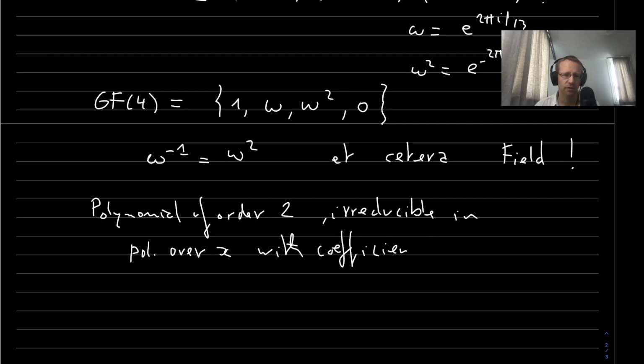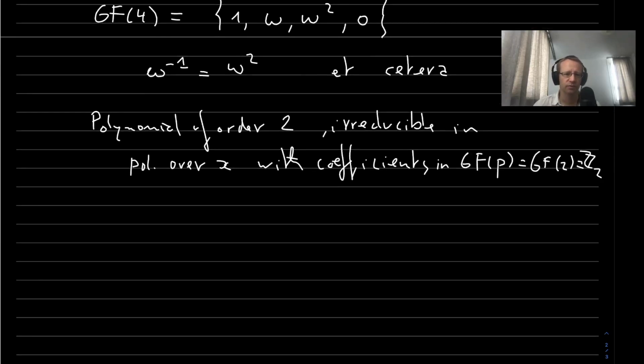Because remember, the coefficient field is GF(p), which is GF(2), which is Z2. All right, what is an irreducible polynomial of order 2?